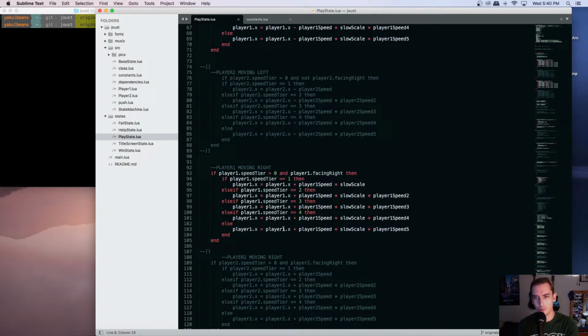What I'm going to do is calculate the numbers, because I have the values correct for the speeds, but I have to implement them differently with DX instead of this player speed thing I was thinking of.